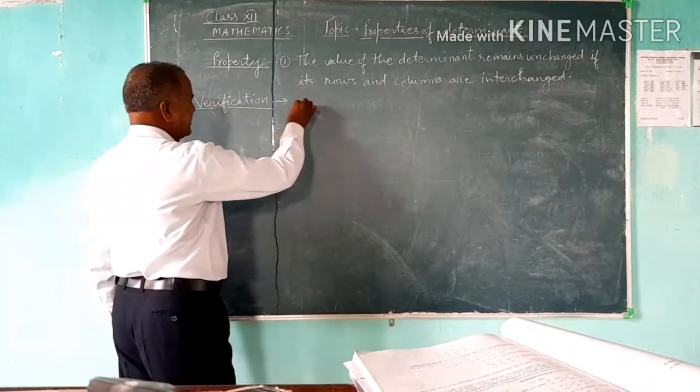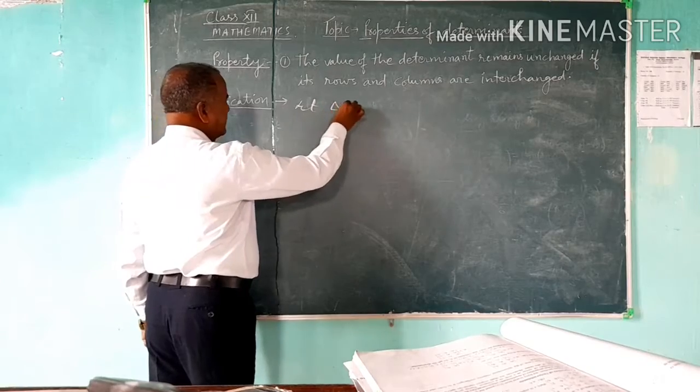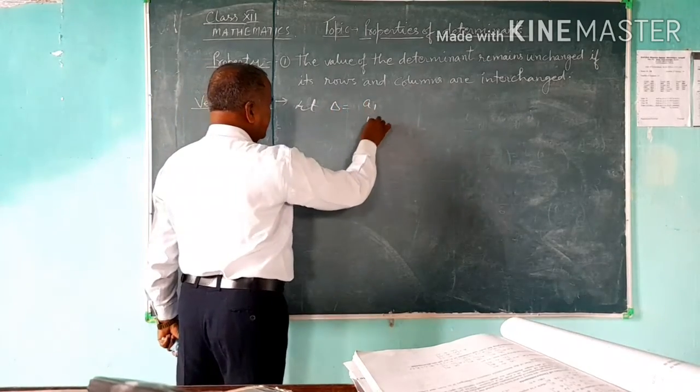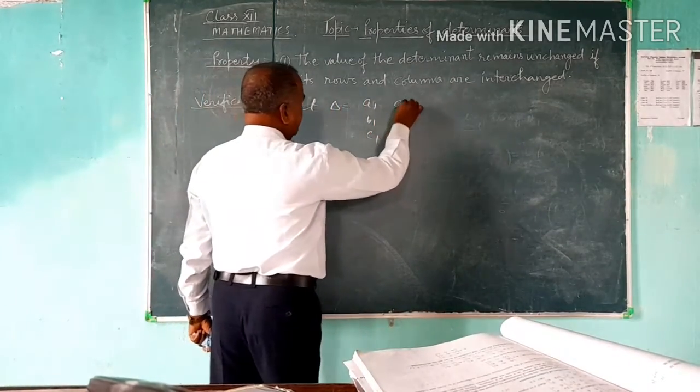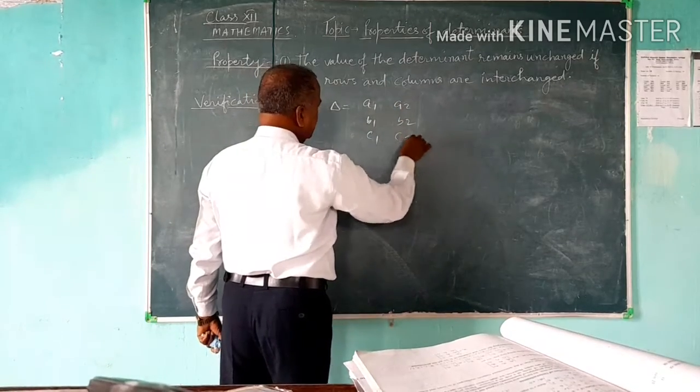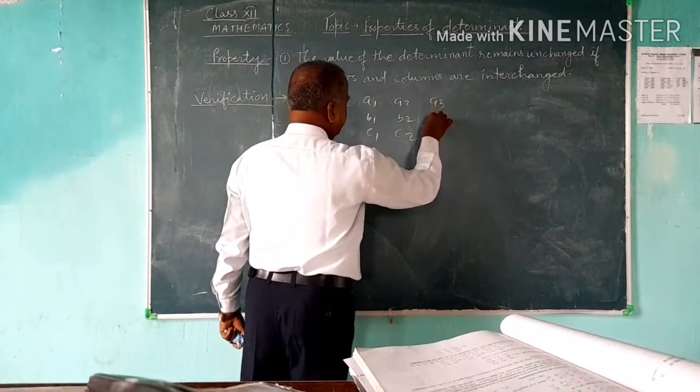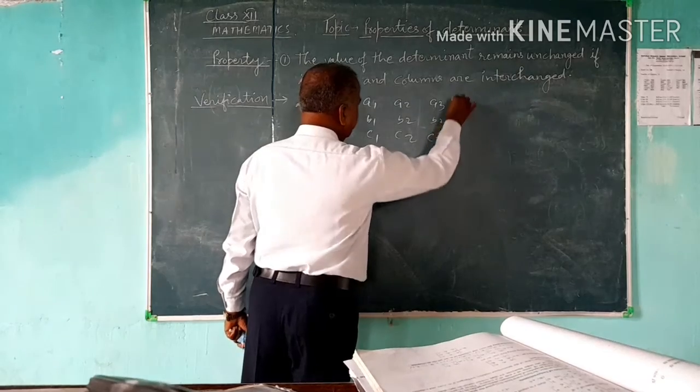For this, let delta is equal to the determinant with rows A1, B1, C1; A2, B2, C2; A3, B3, C3.